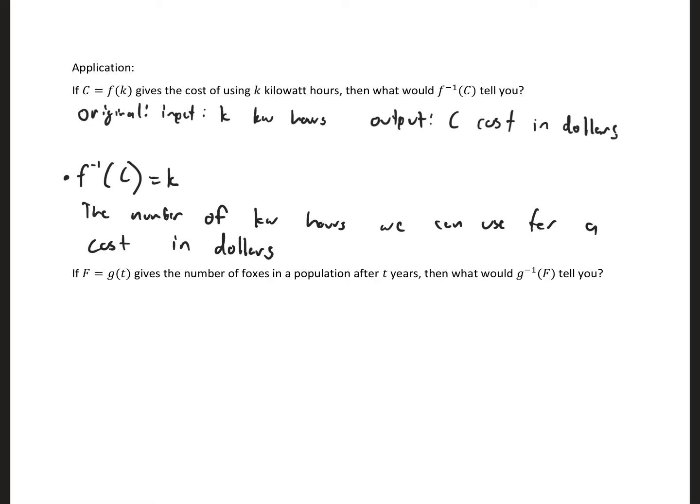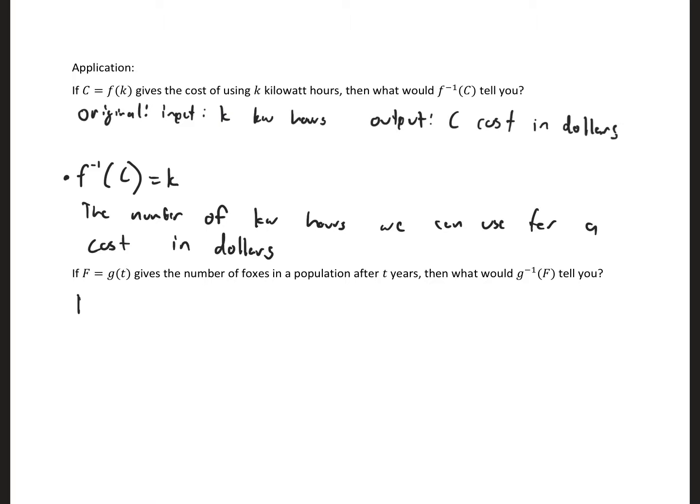If F equals G of T gives the number of foxes in a population after T years, then what would G inverse of F tell you? So in the original, we're getting a number of foxes when we put in a number of years.